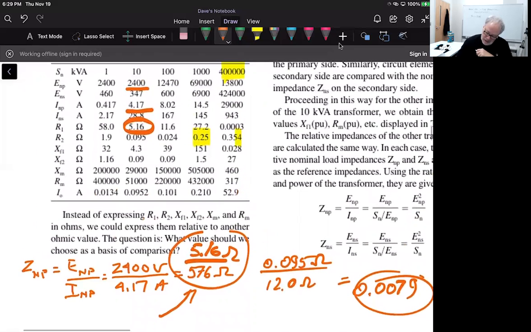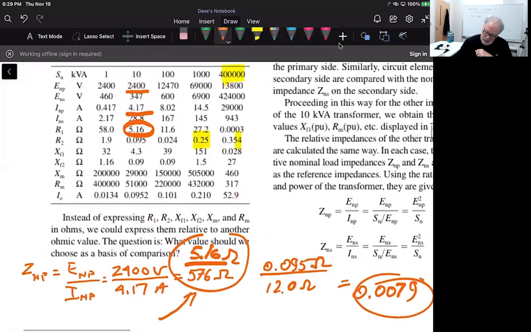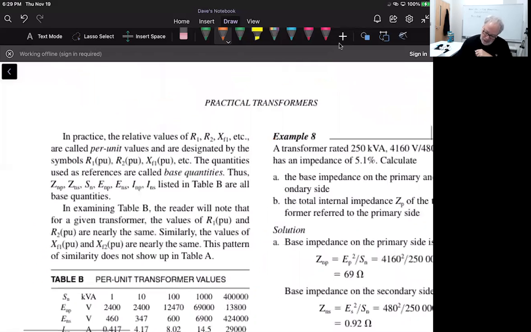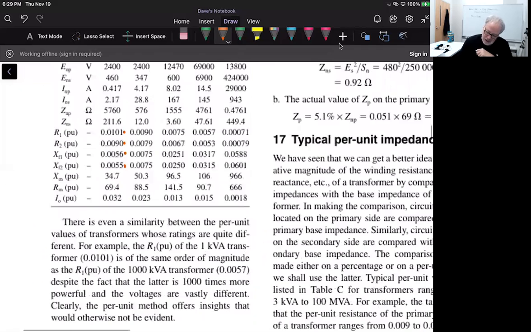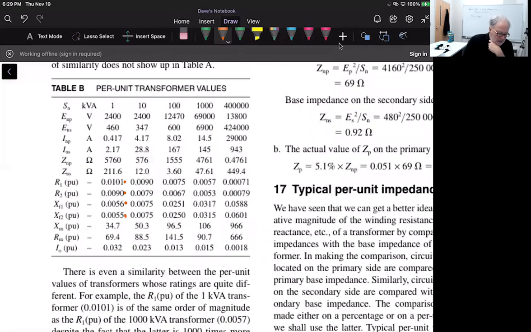It doesn't just jump out at us when we're using the actual values, but when we look at it in terms of per unit and make a comparison, we can see that they remain this consistent across there. And then there's even a similarity between per unit values of transformers whose ratings are quite different.